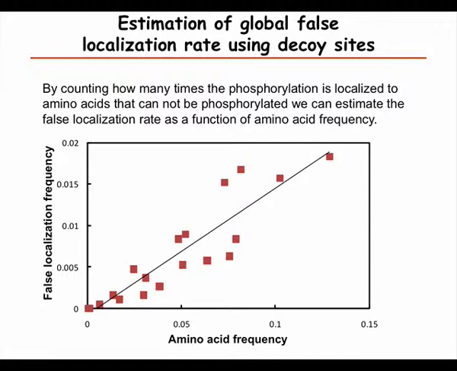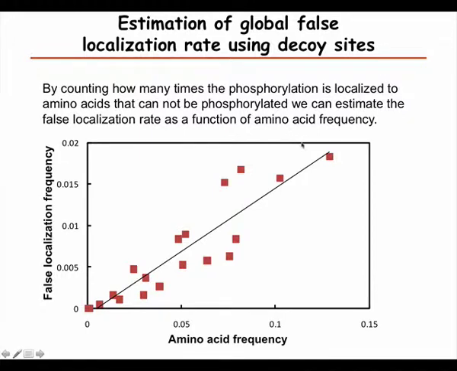What we tried was to do the localization of the phosphorylation for any amino acid. We said that even if we have a valine, we're going to allow it, in our calculations, to be phosphorylated. And that's what we see here.